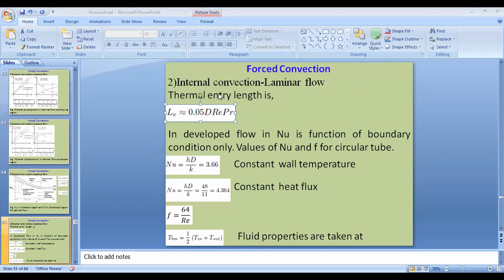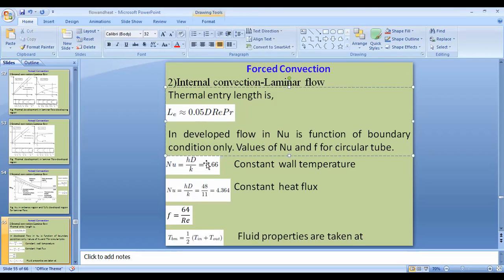For the thermal boundary layer, the entry length is calculated as 0.05 D into Reynolds number into Prandtl number. Within this length, we cannot use that relation. In this region, we have to use different relations, developing flow relations.